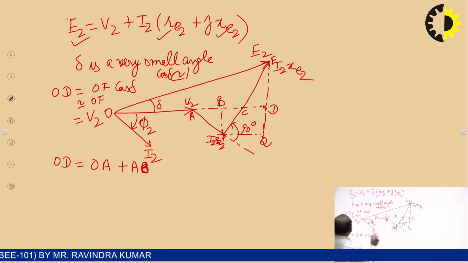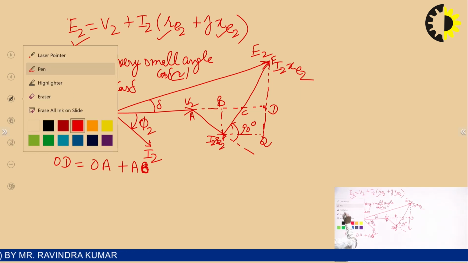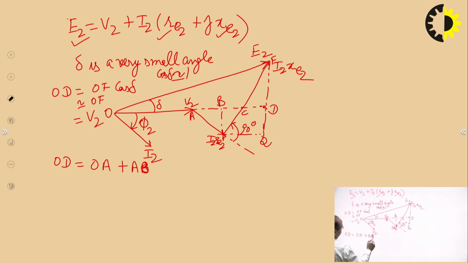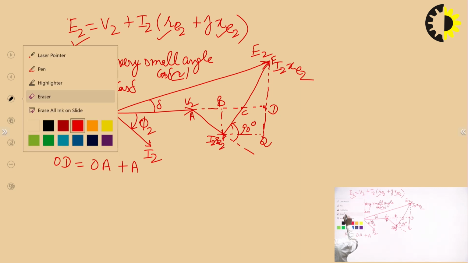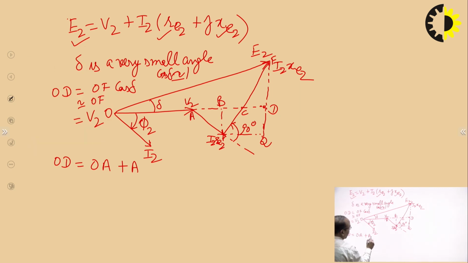OA plus AB, I make it clear. OA plus AB plus BD. That is very much clear from this diagram. OD equals OA plus AB plus BD.